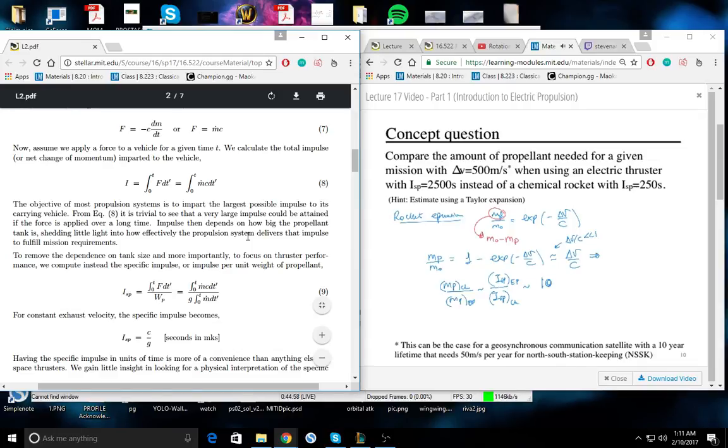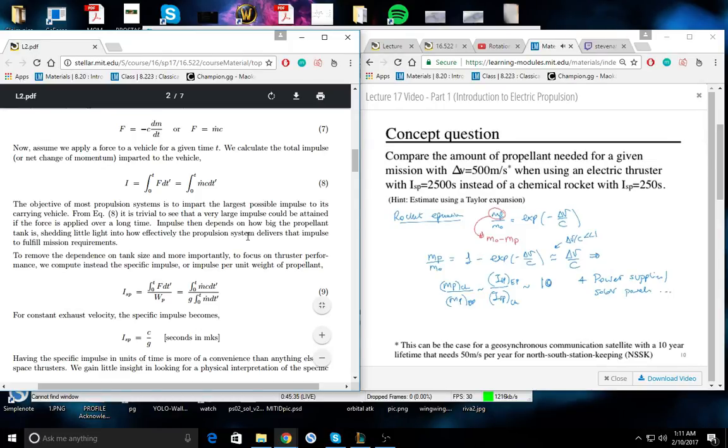Now, the gains in reality are not as big, because we need to carry power supplies or solar panels or things of the sort with us.